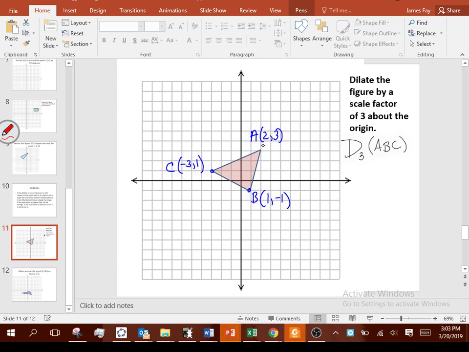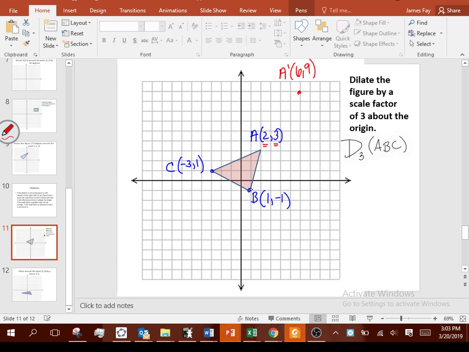If my scale factor is 3, we're going to take those two numbers and multiply them by 3. So where does it go? What's 2 times 3? 6. What's 3 times 3? 9. So A prime goes to (6, 9).